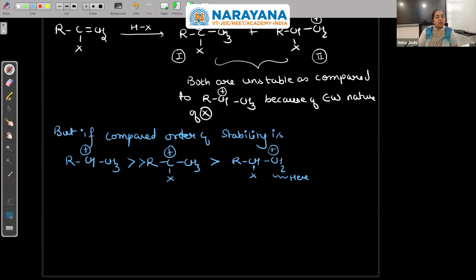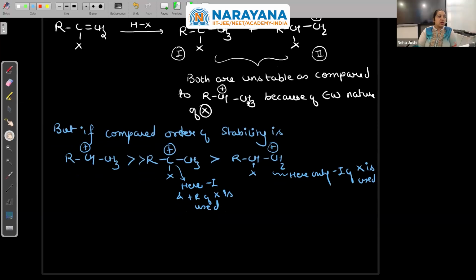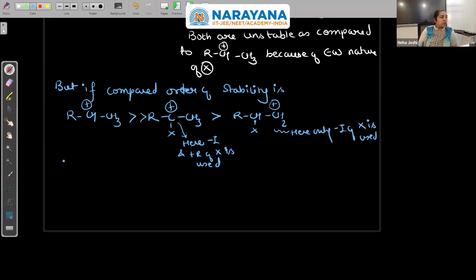Because here only the minus I of X is operating, whereas here minus I and plus R of X are both operating. So yes, net it is withdrawing, but some amount it returns with its plus R nature. So out of the two bad situations, we select the one which is relatively less bad, which is this. Therefore, one is formed as major.